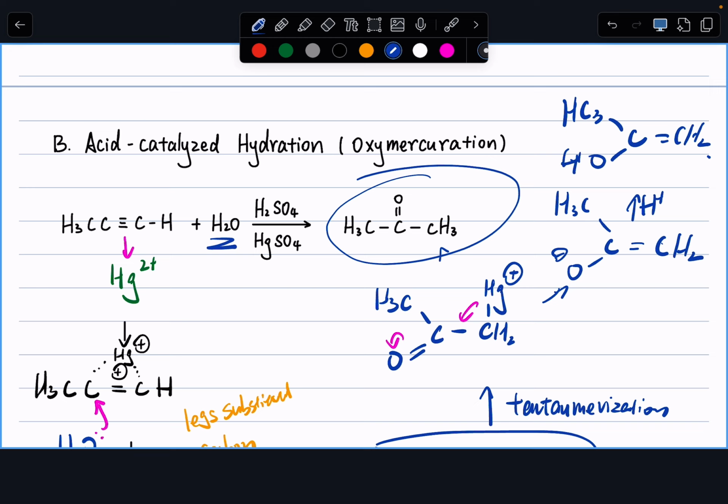This is, again, one of your enols, and this will undergo a second tautomerization to form the final ketone form. All right, so two tautomerizations are taking place in this acid catalyzed hydration or mercuration reaction.